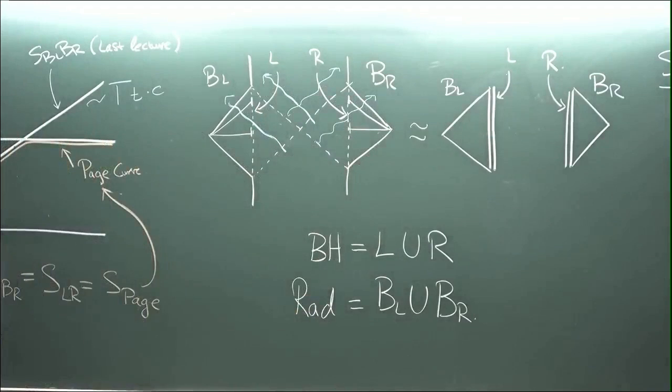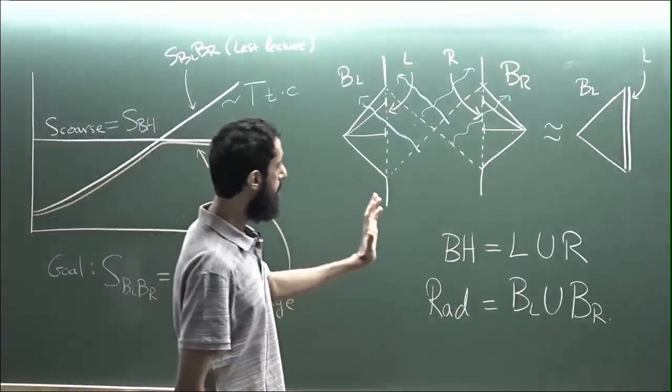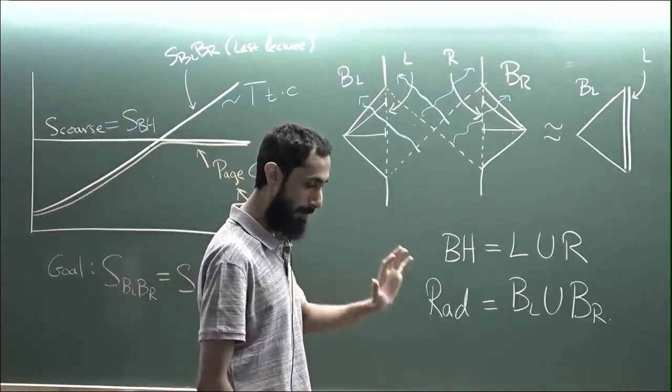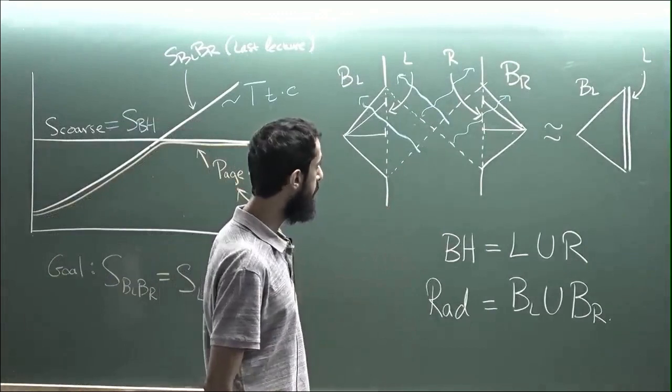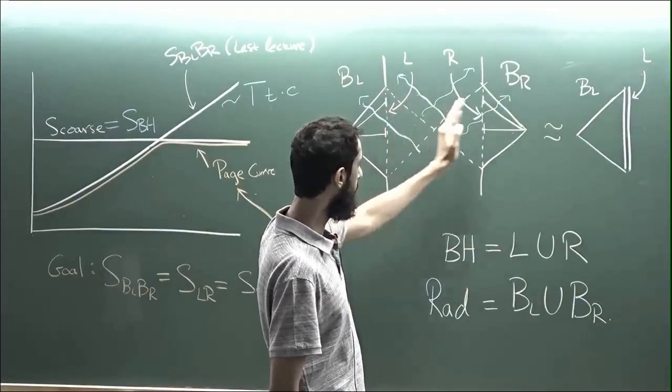Therefore, because it's constant in time, you can assign to it a constant coarse-grained entropy. This is the coarse-grained entropy of the left-right system, which should be thought of as the Bekenstein-Hawking entropy of the black hole. Okay? So I'm adopting the naive picture for the moment, that the black hole, or the wormhole in this case, is dual to the left-right system.